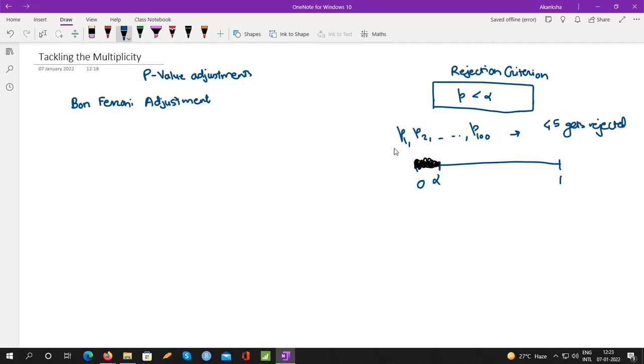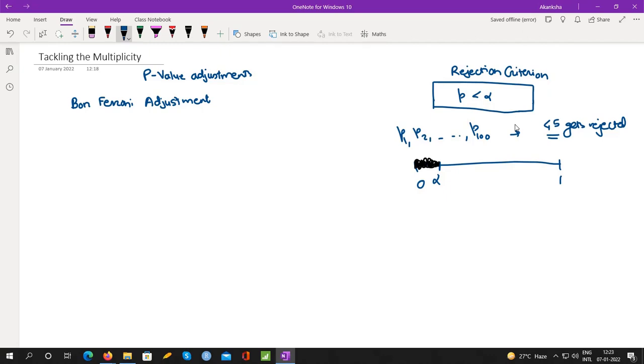So I want to do some sort of adjustment to these p values. If I want to reduce this count of rejections, should I scale up the p values or scale them down? Increasing p values would lead to fewer rejections.